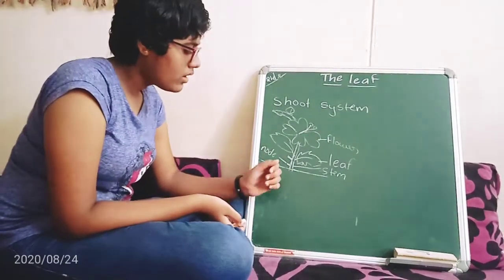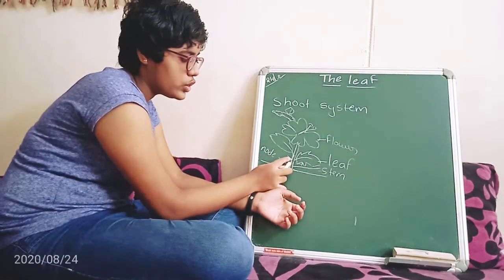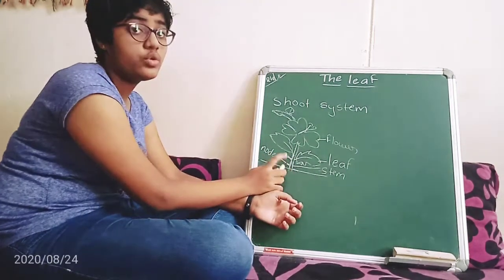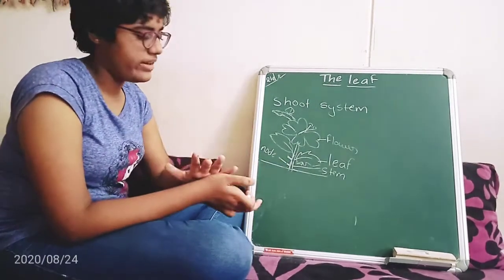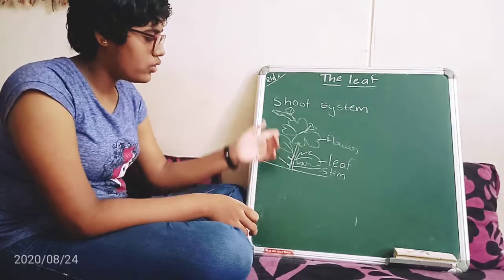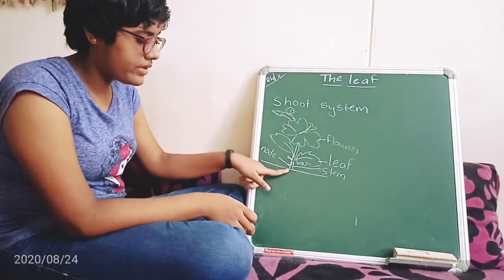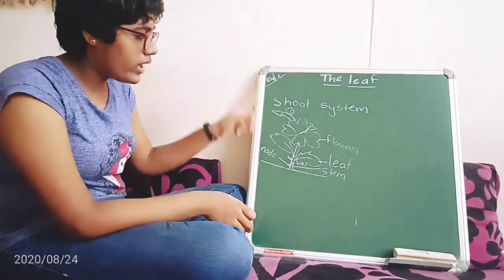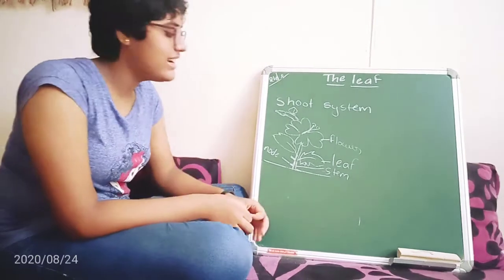Okay. Now again, the space between two successive nodes, successive means side by side. Not like one node is at the tip and the other node is at the ground level, like one node in Kashmir and the other node in Kanyakumari. Okay, not like that.